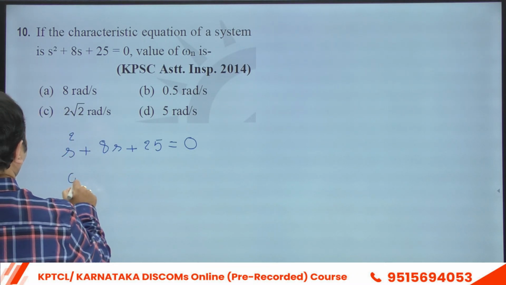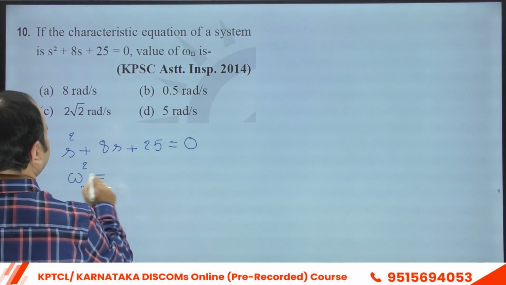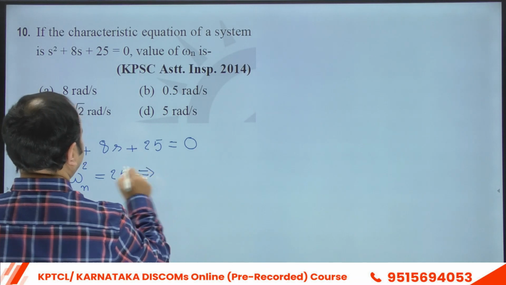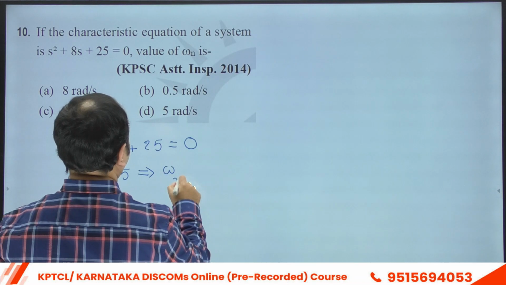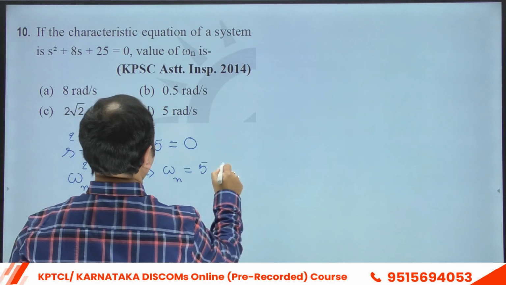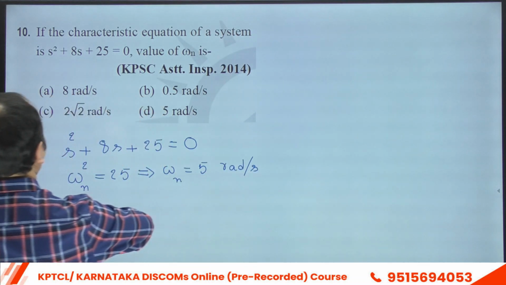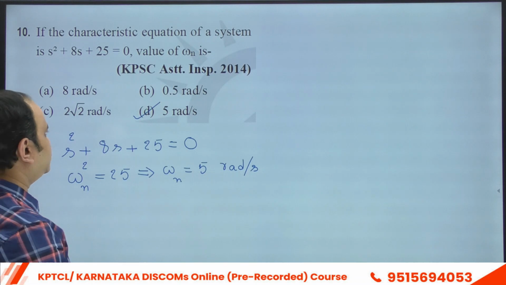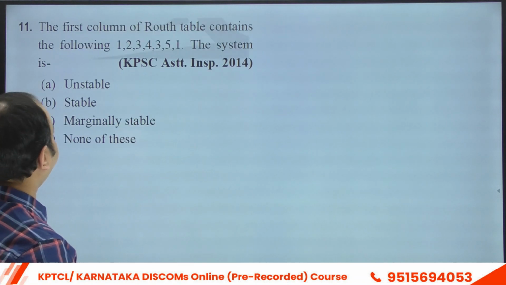By comparing with the standard second order characteristic equation, I can write omega n square is equal to 25. Therefore, omega n is equal to 5 radian per second. Units are very important in the objective exam. So the answer for this question is 5, option D.